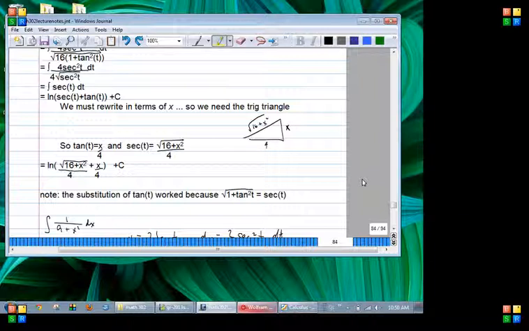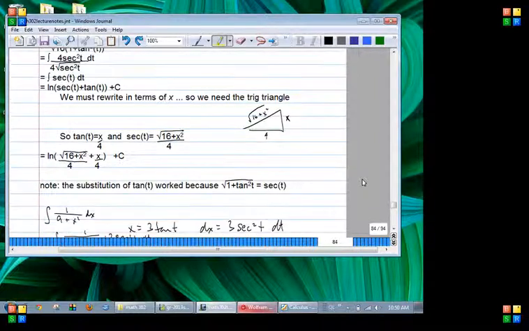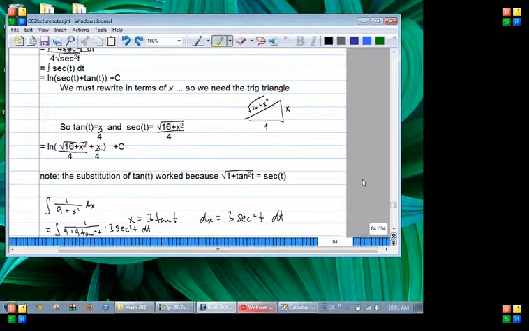It should be 3 tan t, because we're going to use the identity that 1 plus tan squared equals secant squared. So when you put that in, you get the integral of 1 over 9 plus 9 tan squared t times 3 secant squared t dt.